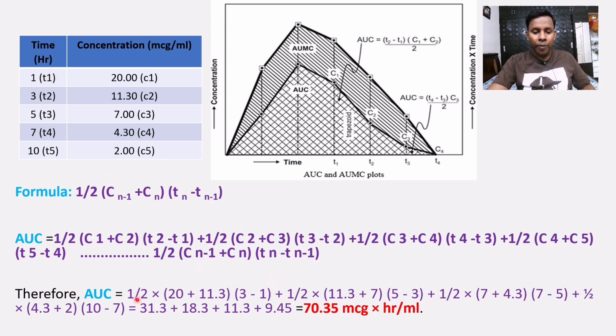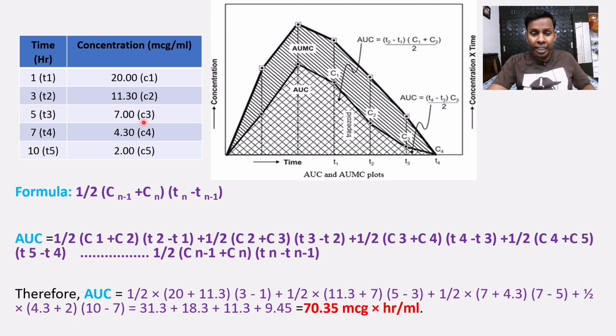So half of 20 plus 11.3 into 3 minus 1. That means C1 plus C2 into T2 minus T1. So this will give the first trapezoid area and this will be 31.3.